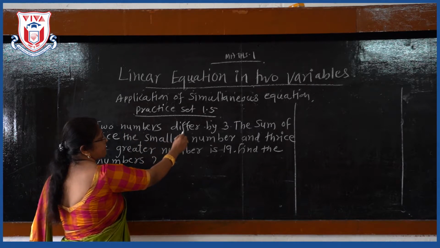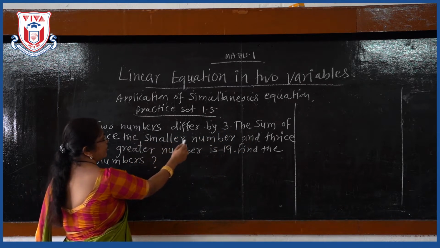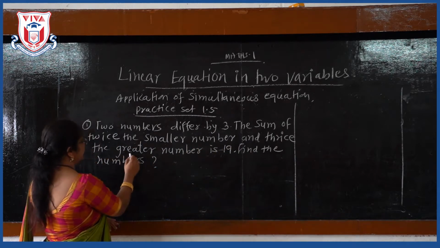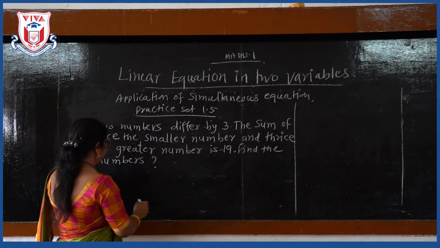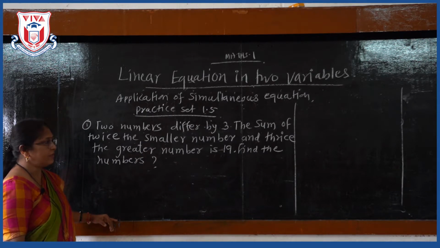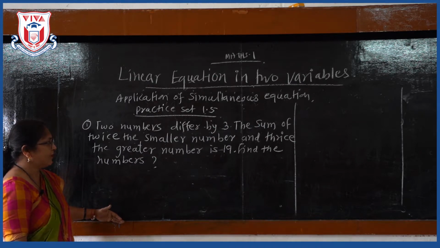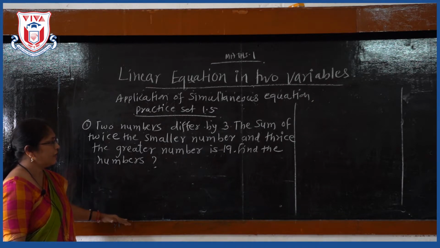I read the problem. Two numbers differ by 3. The sum of twice the smaller number and thrice the greater number is 19. Find the numbers. First we have to assume. There are various steps of a word problem. First we assume the variables for the given condition.